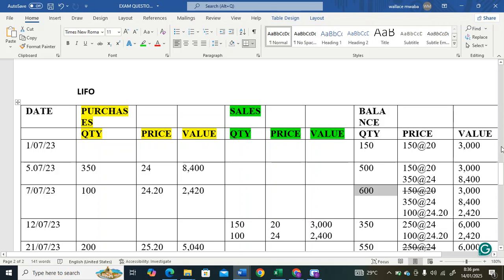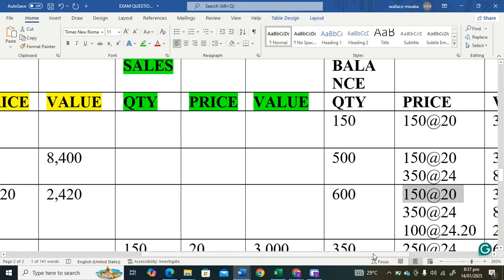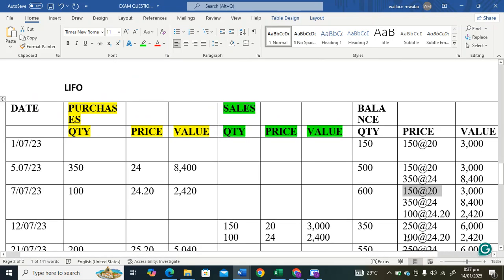So we go to the 12th of July. We said we sold 250 goods. So now we come to our inventory here. We start with the goods that came in last.